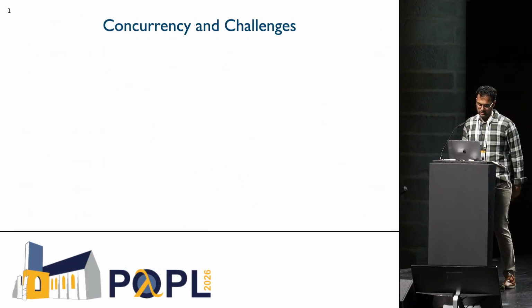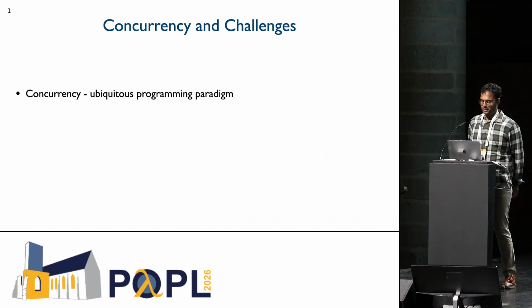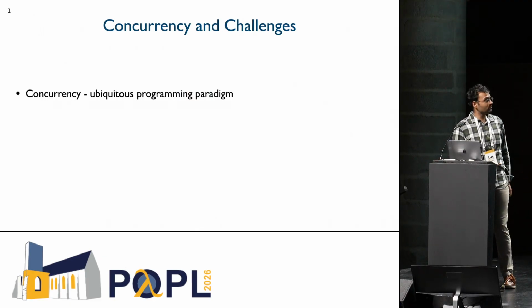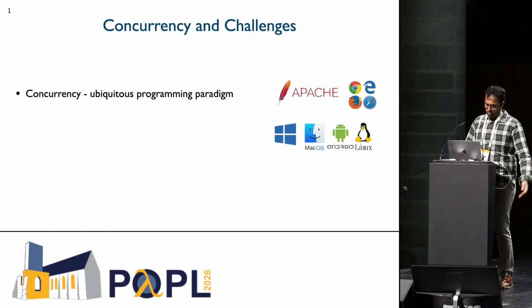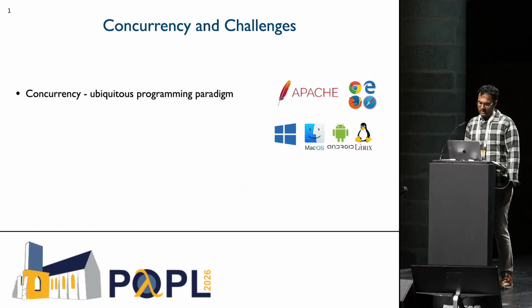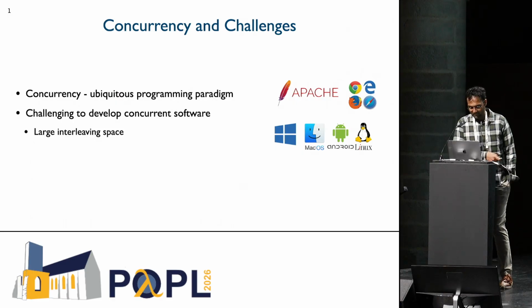And let me do the routine pitch for why I care about this problem. No matter what software application you pick, it's very likely built using concurrency in mind. And in fact, if you talk about the modern AI revolution, it would not be an overstatement to say that it's partly because of concurrency-centric advances in both hardware and software.